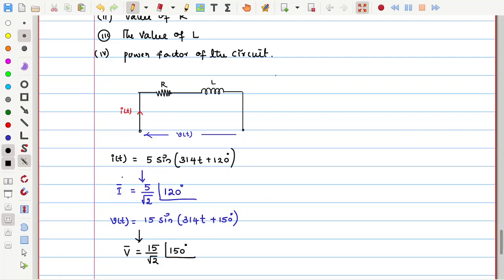Now, because I already got the phasor form, I try to produce this circuit also in the phasor domain. The resistive impedance is R, no change in this, whereas the inductive impedance is ZL, which is equal to JXL.